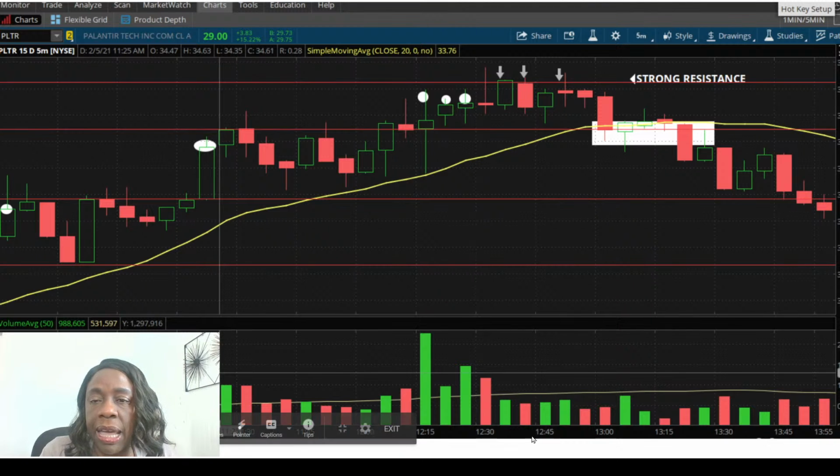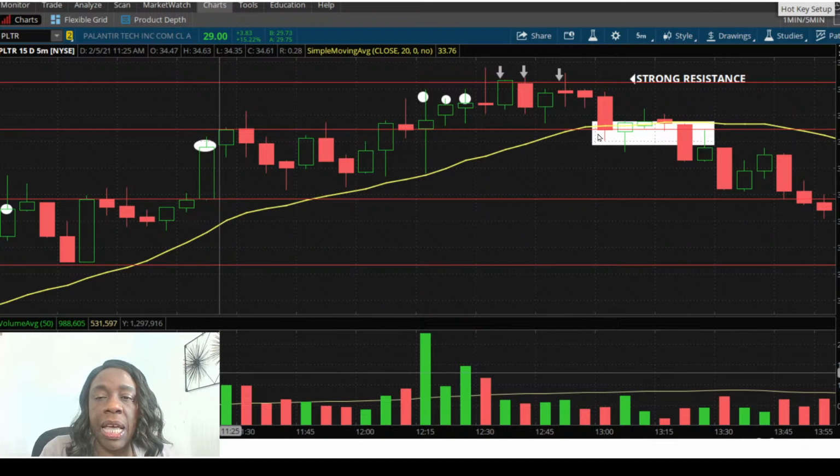Now the other thing, I have this rectangular box here. This is another interesting point, because I know a lot of activity goes on around the lines of support and resistance.